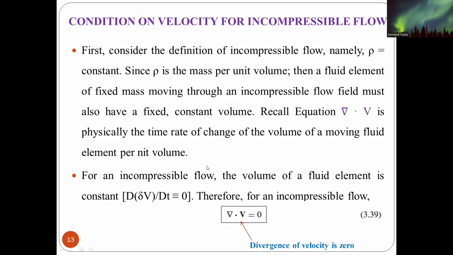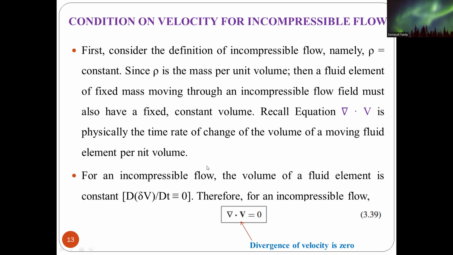Okay, recall that the divergence of velocity is physically the time rate of change of the volume of a moving fluid element per unit volume. Therefore, for an incompressible flow, the volume of the fluid is constant. That means the derivative of the volume with respect to time is zero.